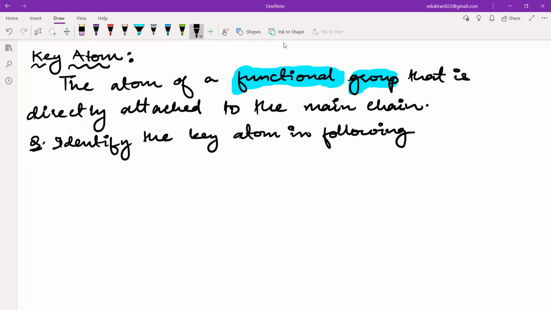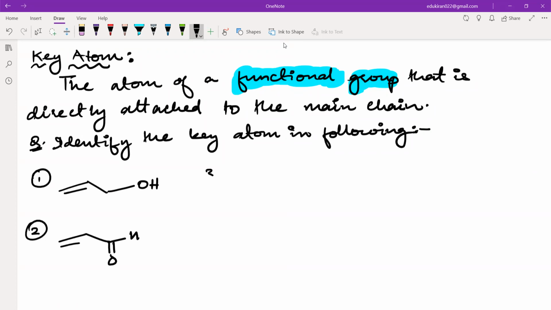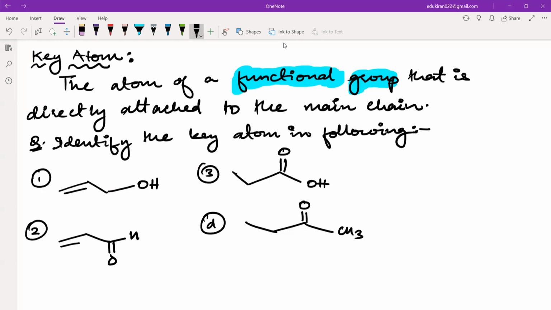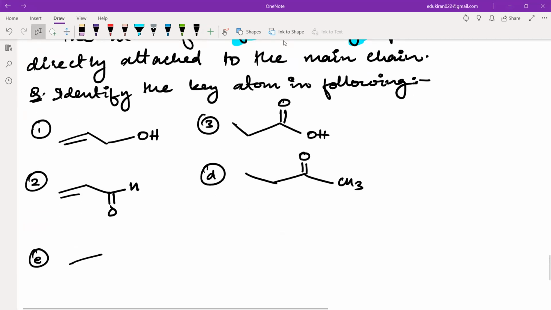So I'm writing structures, and you have to identify the key atom in the following. Number one. A, B, C, D, E.